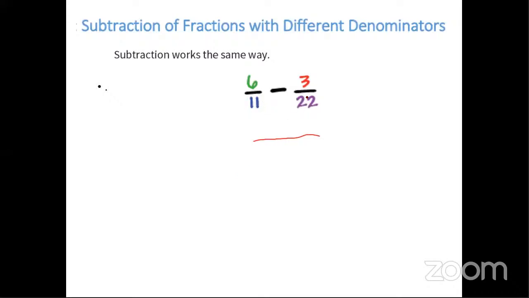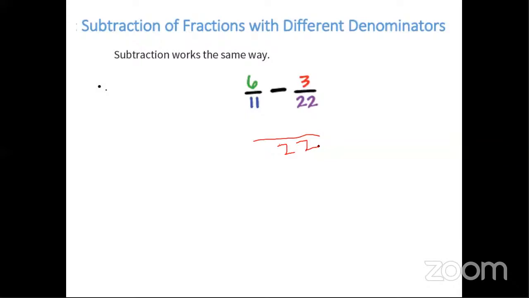We can also make the denominators the same and then subtract. When you maintain the LCM, here we know the LCM is 22. Once you know that, you can go ahead and carry on the subtraction.